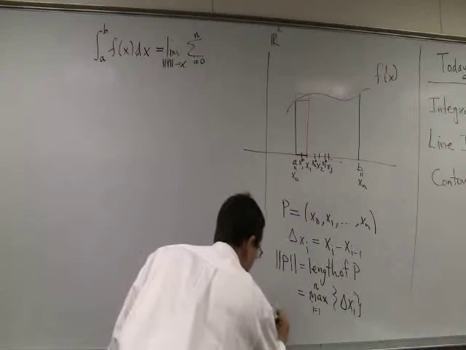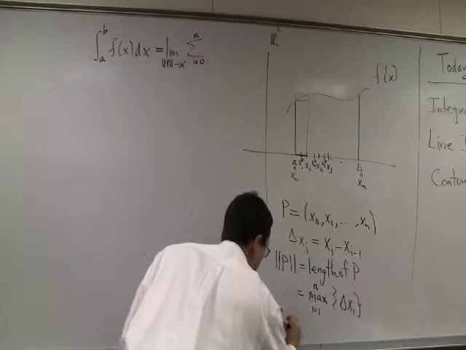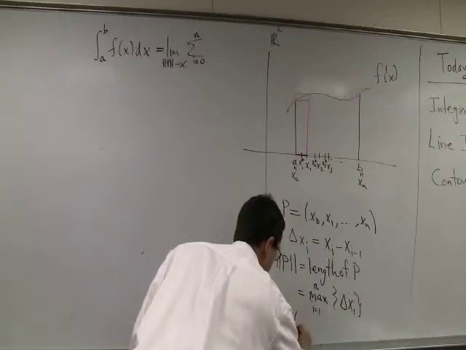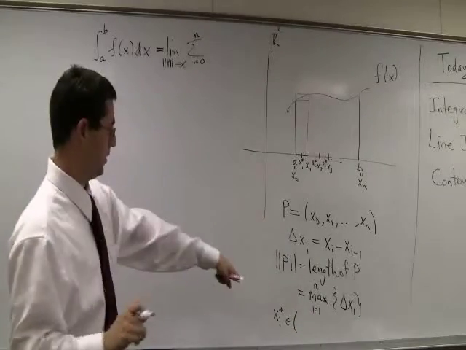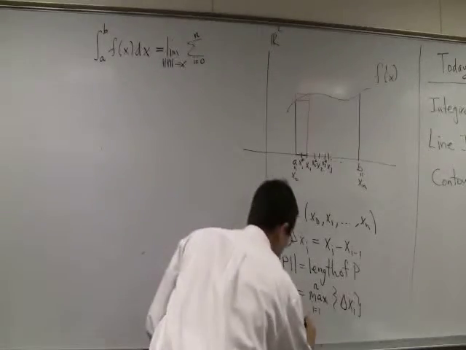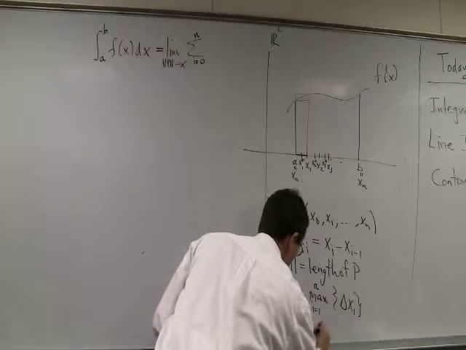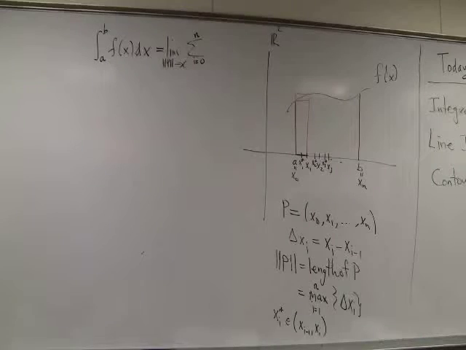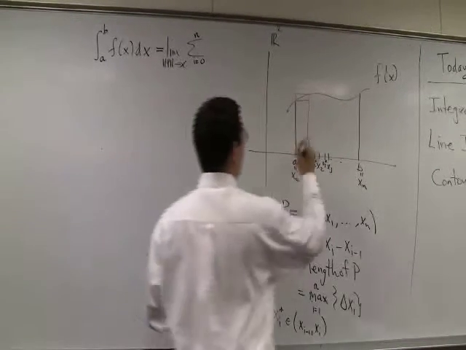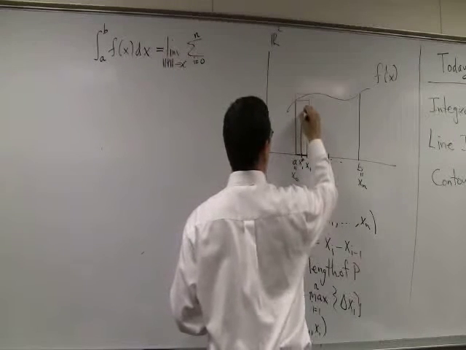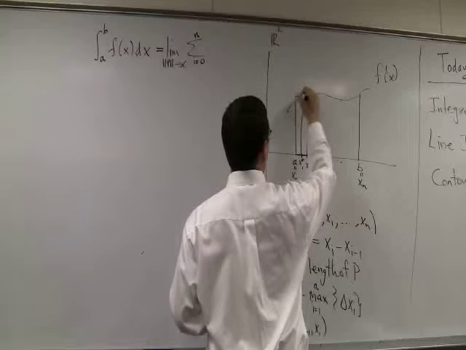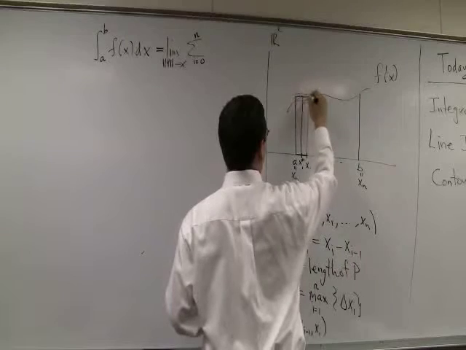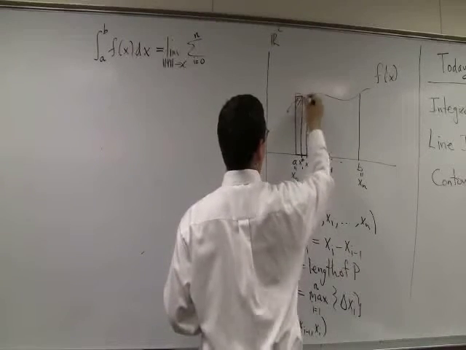So xi star, well, we might as well put it in between the two points. So we'll put it in between xi minus 1 and xi. So that gives me a rectangle, and then I can draw that up. It's another rectangle.